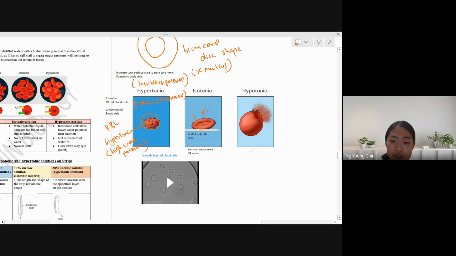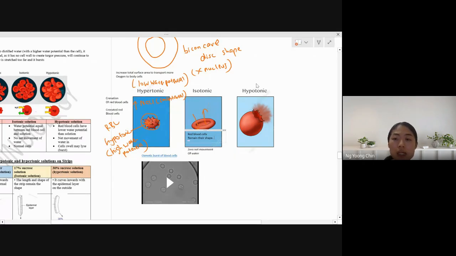Then how about when you place the red blood cell into a hypotonic solution? What happens? Hypotonic solution means it has a higher amount of water molecules compared to, for example, a salt solution.